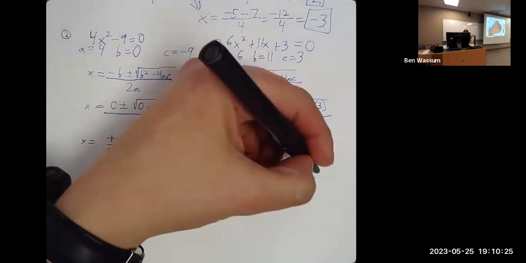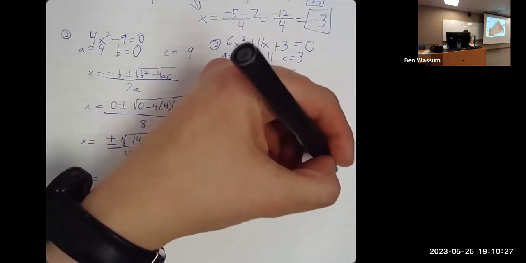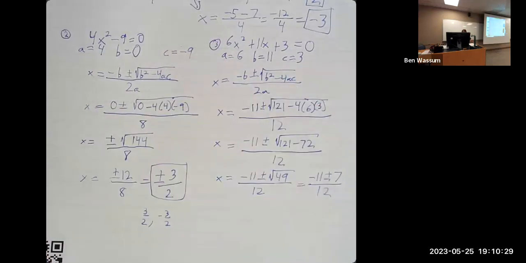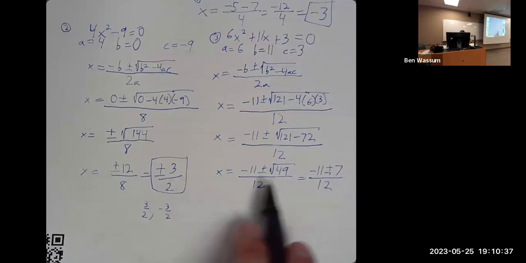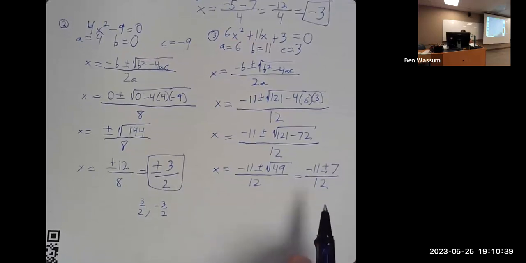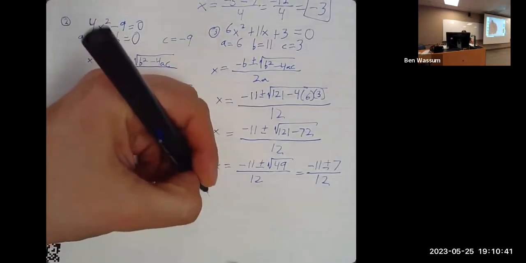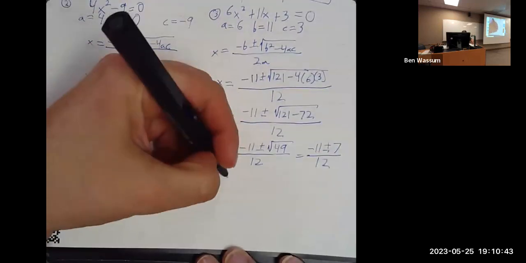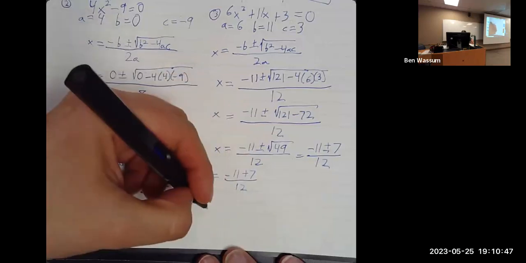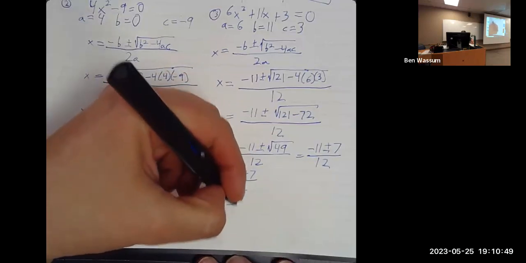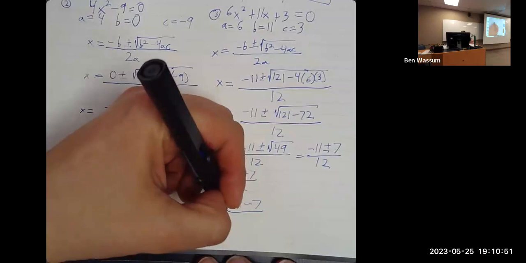So I get negative 11 plus or minus 7 over 12. And this is where I would split it off as two separate answers, because I do have something in front of that plus minus, unlike what happened over here. This is going to give us two completely separate looking answers. So I'm going to have x is equal to negative 11 plus 7 over 12, and x is equal to negative 11 minus 7 over 12.